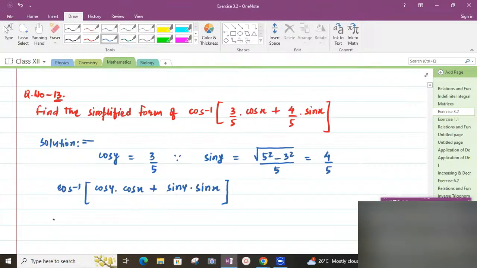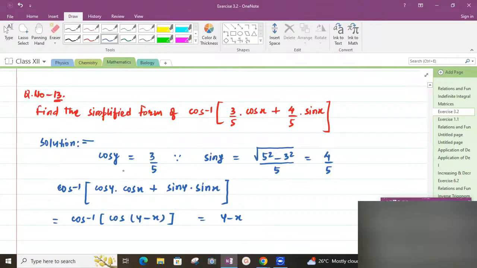So we know that cos A into cos B plus sin A into sin B equal to cos of A minus B. So we write y minus x. And this one will be cos inverse cos equal to y minus x.